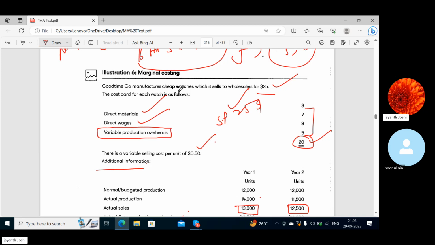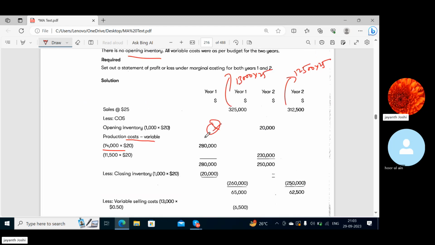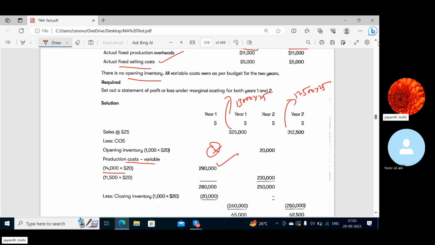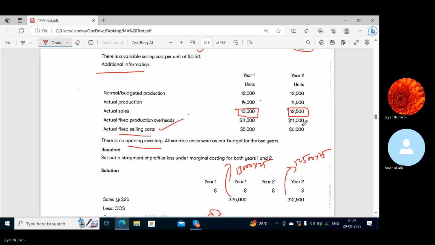We have already discussed that under marginal costing, variable manufacturing overheads should be considered and fixed manufacturing overheads should never be considered. So variable manufacturing overhead is a part of product cost. That's why we have taken 20 and multiplied, and we got 2,80,000. And then 11,500 for year 2.